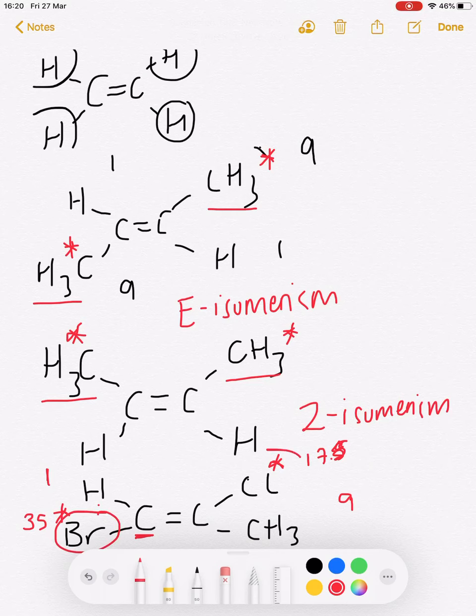We've got a Br here and a Cl over here as the highest priorities. They are on opposite sides of the carbon-to-carbon bond, so what you have is E isomerism because they're on opposite sides.